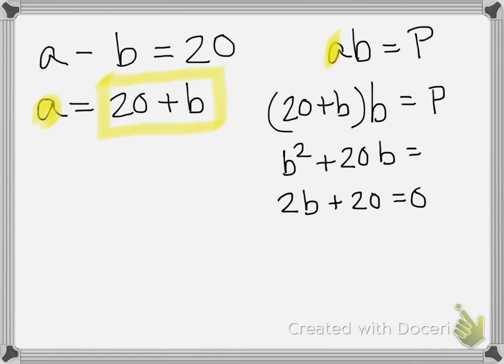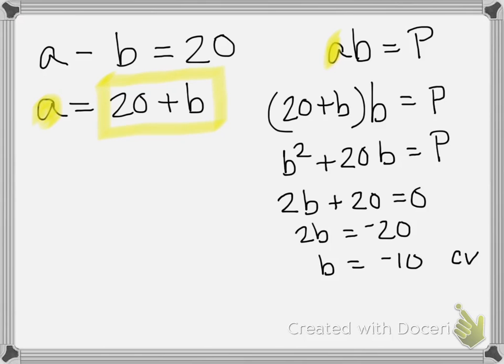That should have been product right there, apologize for that. Whenever we set that equal to 0, we get 2B is equal to negative 20, and so our B is going to be negative 10, and that's our critical value.